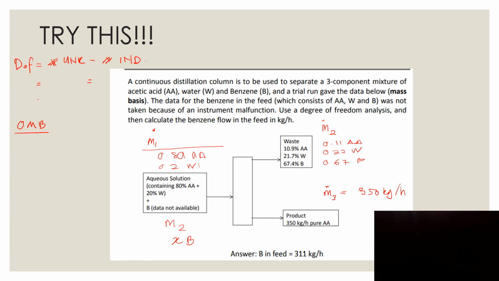So use a degree of freedom analysis and then calculate the benzene flow in the feed in kg per hour. So this is the answer for benzene flow in the feed, inlet total in kg per hour. So hopefully you can get this answer by using DFA analysis.